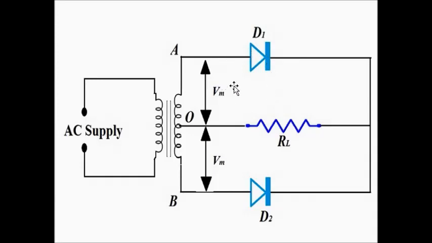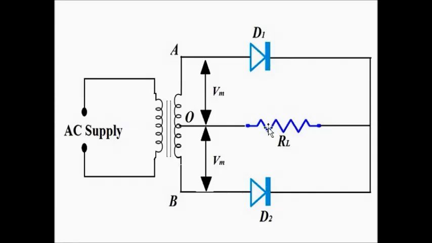So during any half cycle, positive or negative, only this much portion of the voltage which appears across the secondary winding, which is split into two parts, is used. The entire voltage is not used. So that is another disadvantage of the center tap rectifier. Because of this center tap point, the voltage which appears across the entire secondary winding, which is stepped down from the primary to the secondary winding, is split into two parts.